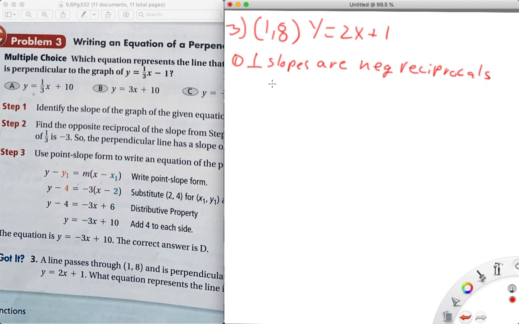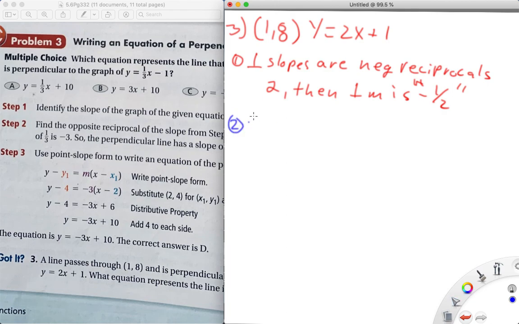So if we have a slope of 2, then the perpendicular slope is negative 1/2. So that's step 1.